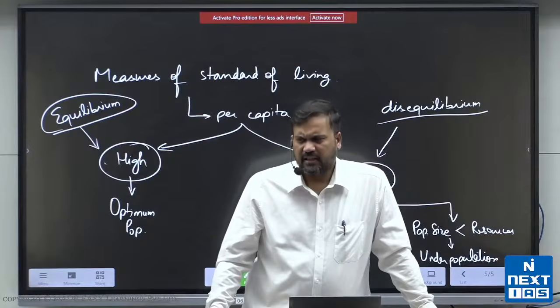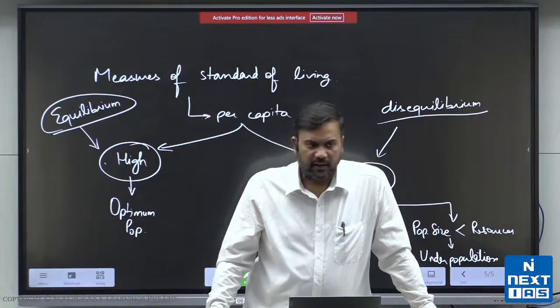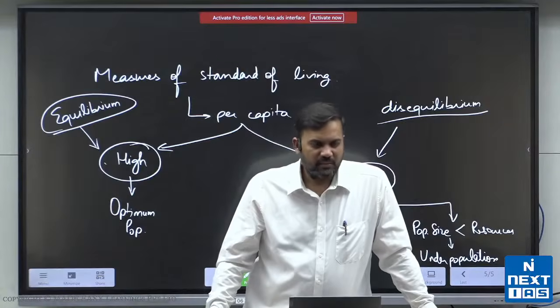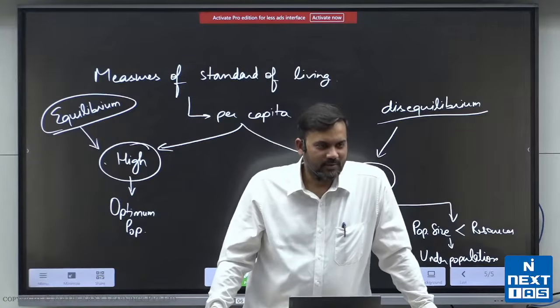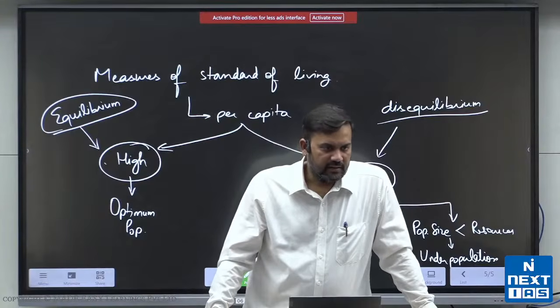Optimum populated states in India: some we can say like Punjab, which has high per capita income, Haryana, Maharashtra, Gujarat. ठीक है, perception is different, but Gujarat's per capita income is in the middle category of states, not among the high category states.